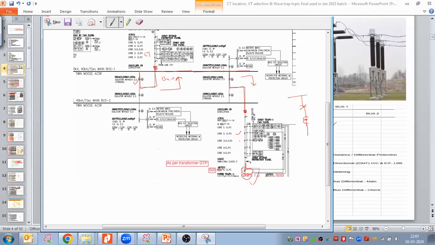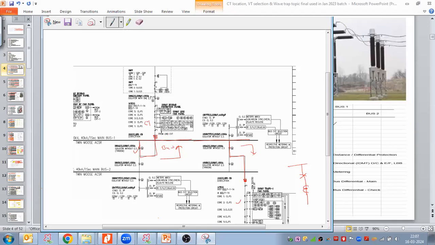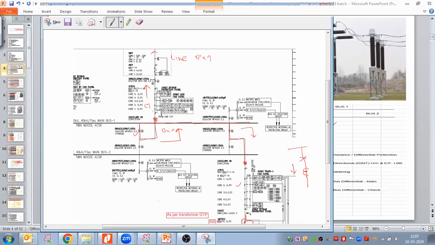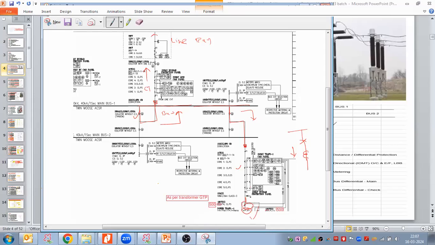And here in this case, what is my protective equipment? Line bay. So CT towards the protective equipment, this point is also satisfied. CT towards the line, and CT towards the transformer. Okay, sir. Understood.